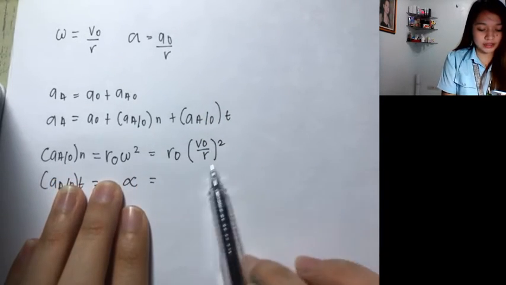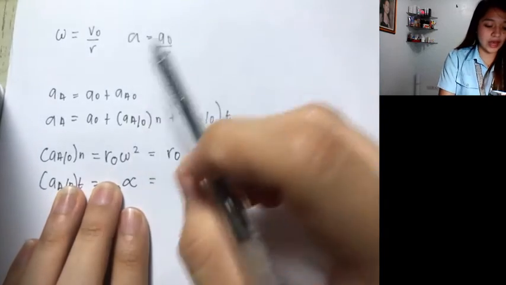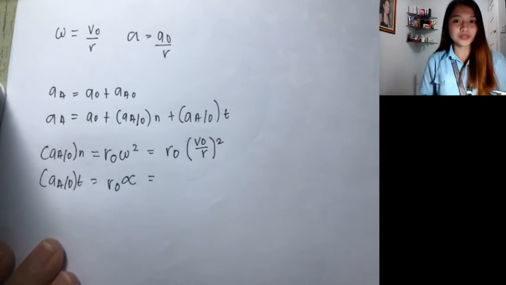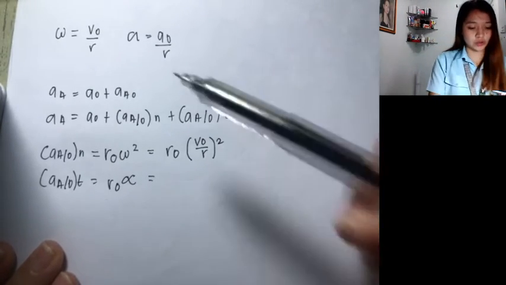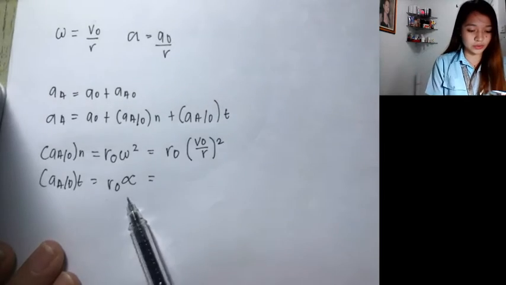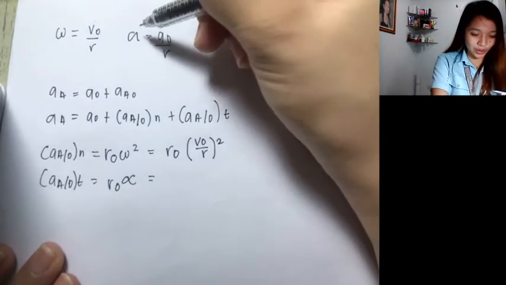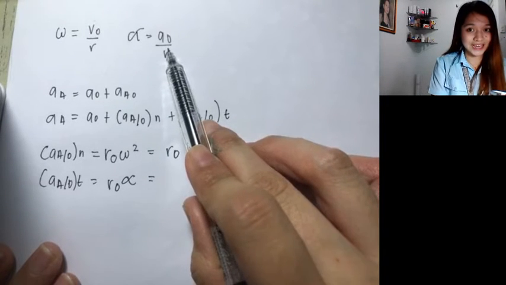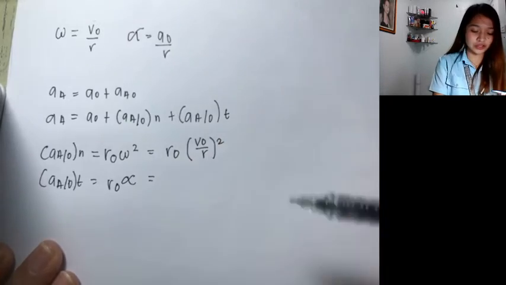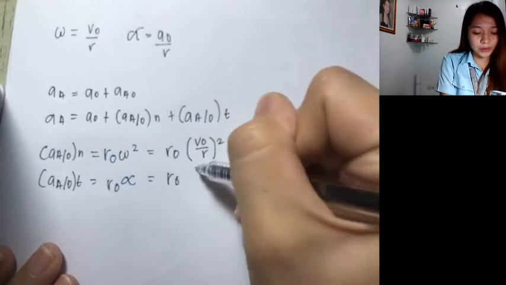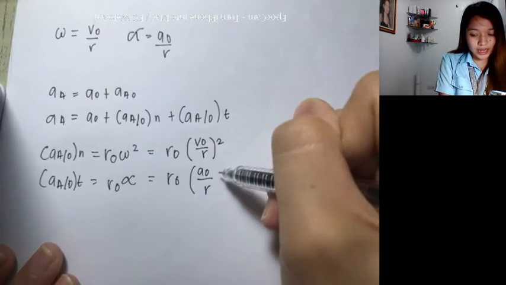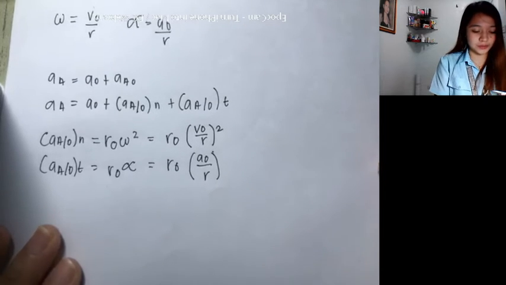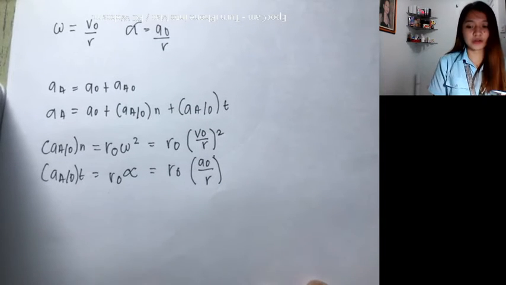If we go back, the angular velocity is v sub O over R, so we're just substituting the value. Therefore the alpha is a sub O all over R, so we just replace it: R times a sub O over R, and that's it, no square. So that is our magnitude.